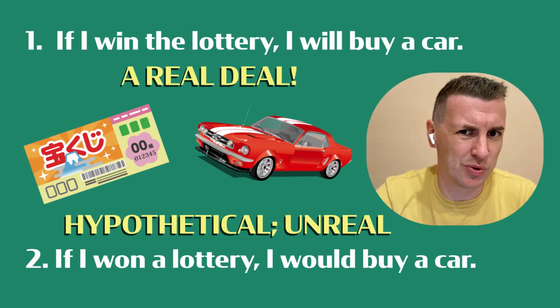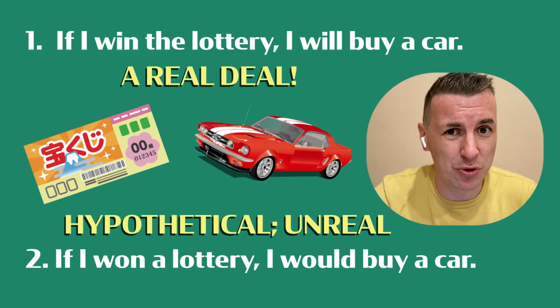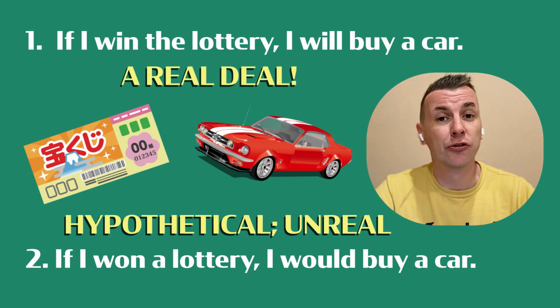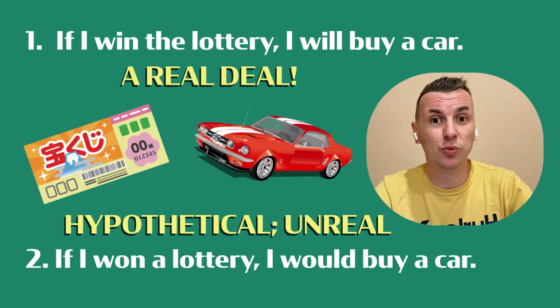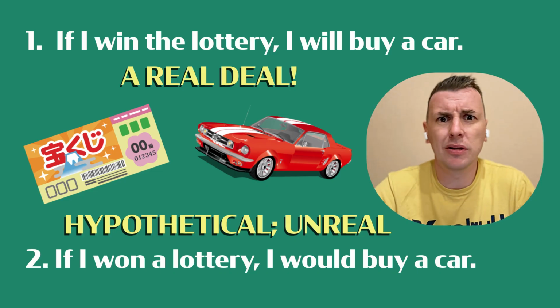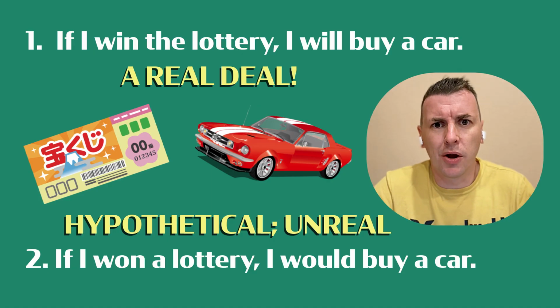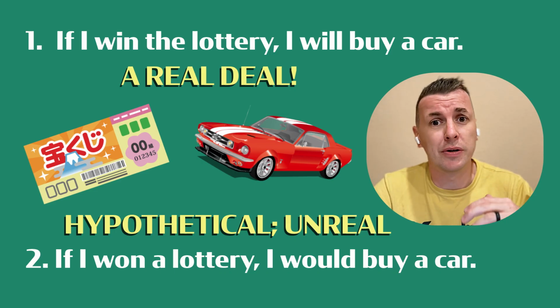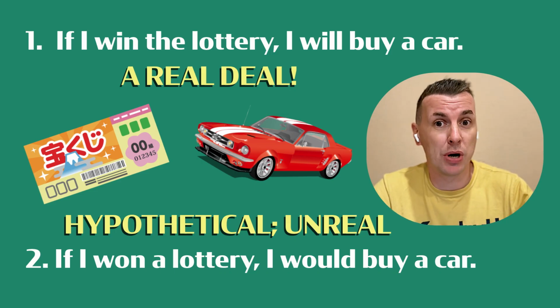But everyone knows that you can never win a big sum of money in any lottery, usually, right? So you're being very hypothetical. This is why we're talking about a lottery, any lottery. If I win a lottery, I would buy a car, you know. But I understand that the likelihood of that is really, really low. It's very hypothetical, nearly impossible.